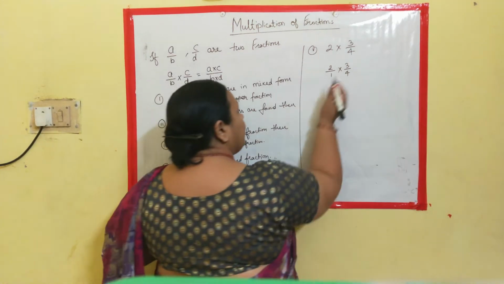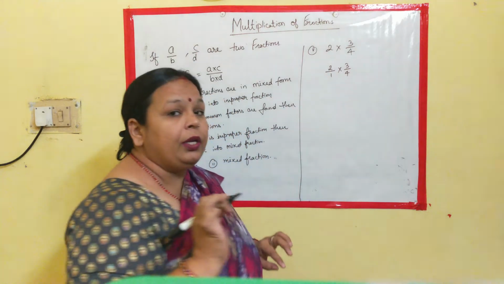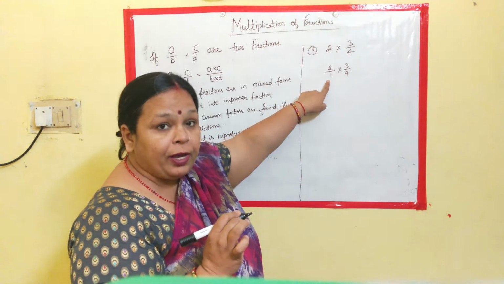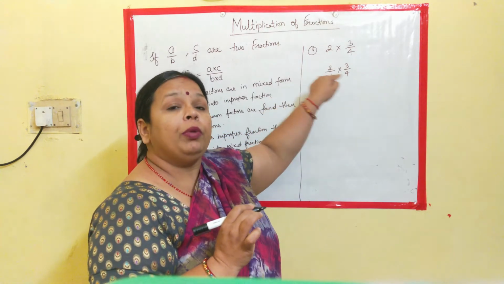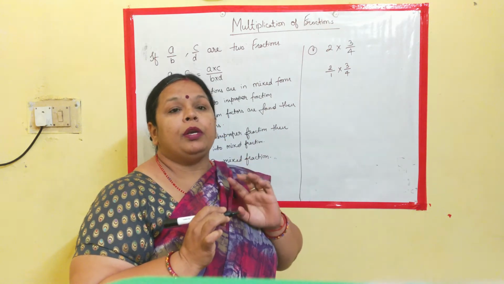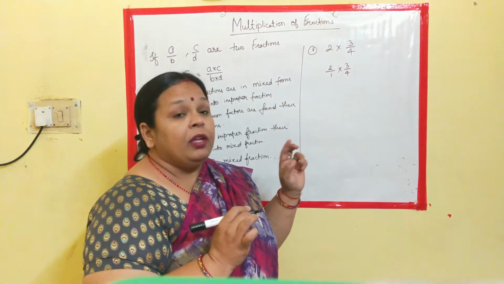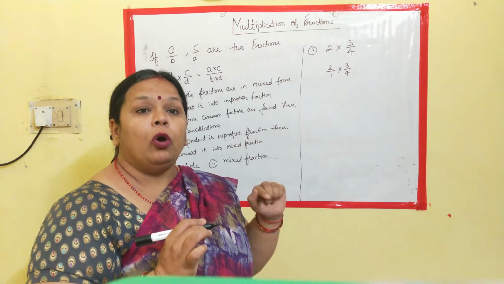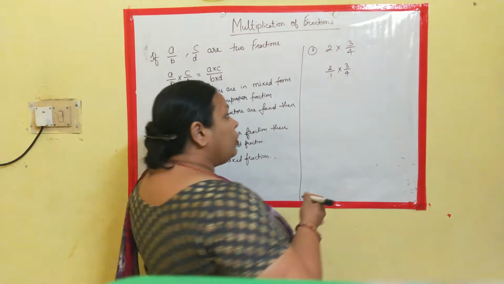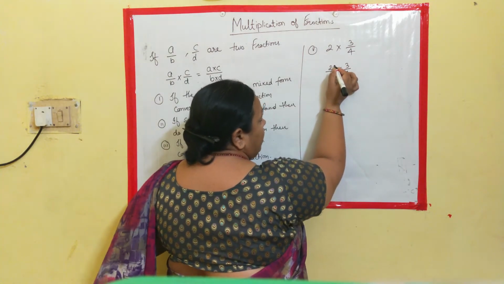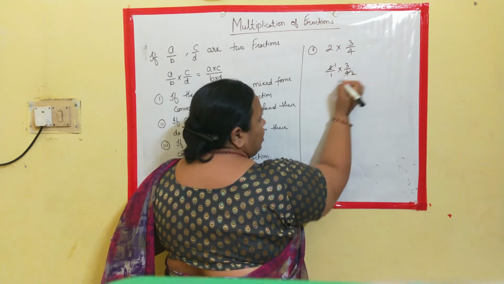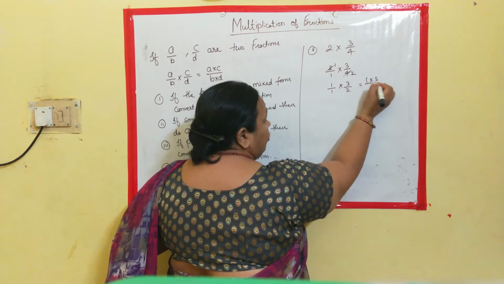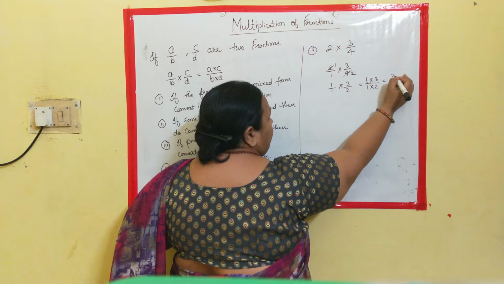Cancellation can be done between the numerator and denominator of the same fraction or with the other fraction. Numerator and numerator, or denominator and denominator, cannot be cancelled. So here with the first fraction it is not possible. We will be cancelling it with the other one. So we are left with 1 by 1 into 3 by 2. That means 1 into 3 and 1 into 2 will give you 3 by 2.